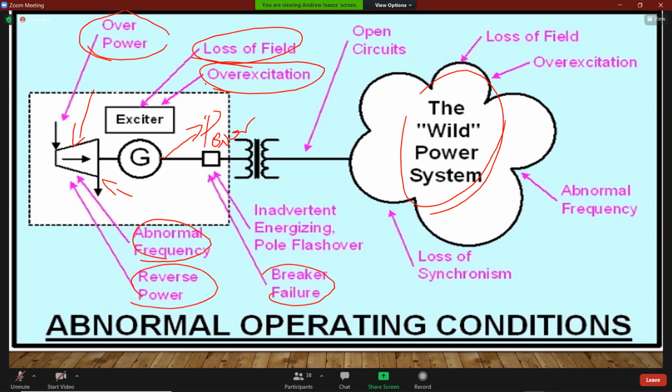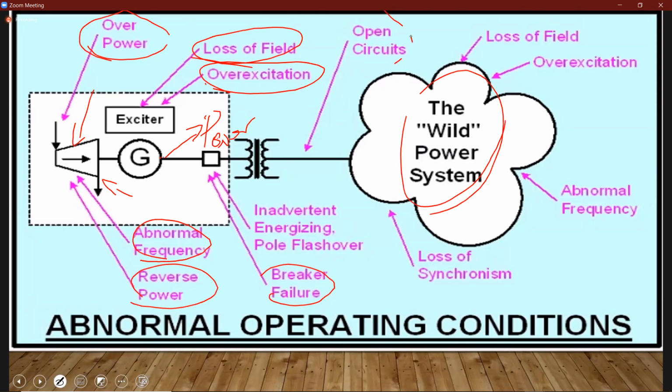But the point is, we can have open circuits, and with those open circuits, you are going to then end up with the frequency issues that we just mentioned.